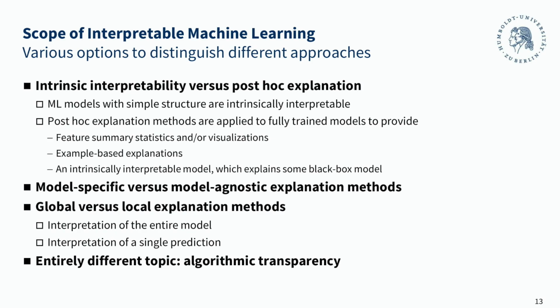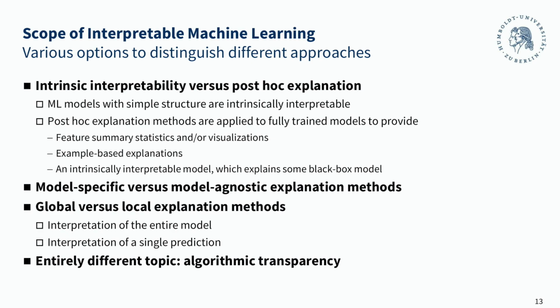And before looking into individual techniques, here are some more characteristics of different approaches to achieve algorithmic or model interpretability. First of all, there are many techniques which are interpretable intrinsically, like linear regression or trees. Linear models and trees, they are often called white box models.